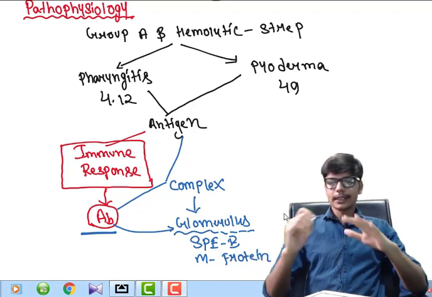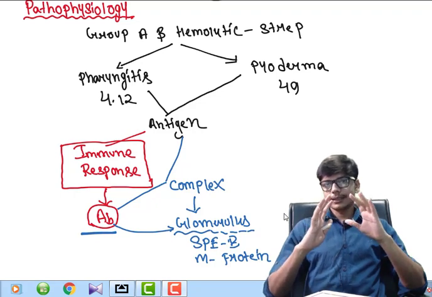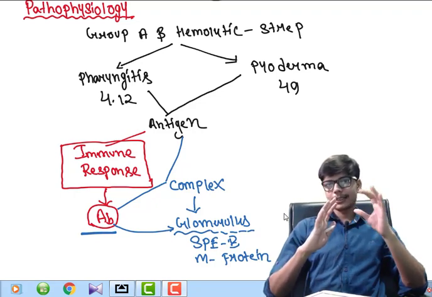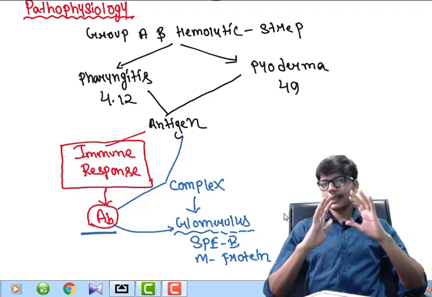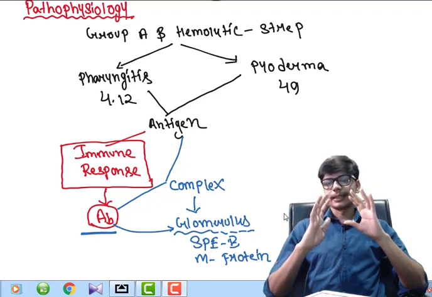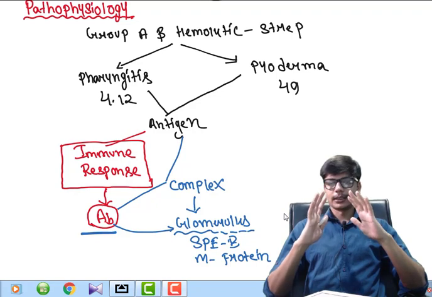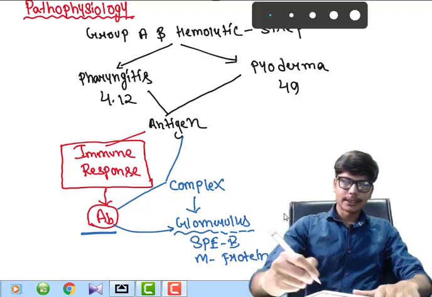These two proteins of the glomerulus mimic the streptococcal antigen. So as the antibody is produced against the streptococcal antigen, instead of destroying the streptococcal antigen, this antibody cross-reacts with the glomerular proteins, SPEB and M protein, and destroys the glomerulus. This type of mimicry is known as molecular mimicry.